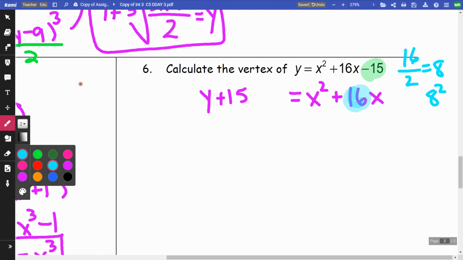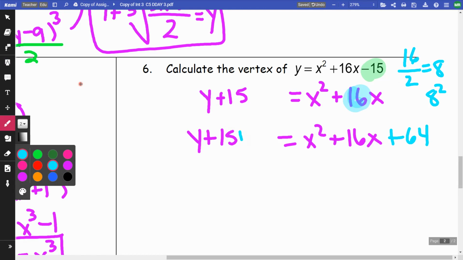So I am going to have y plus 15, okay, x squared plus 16x. And then I'm going to add that 64 here and add that 64 here. And then I have y plus 79 is equal to the quantity, and this is going to be (x plus 8) squared.